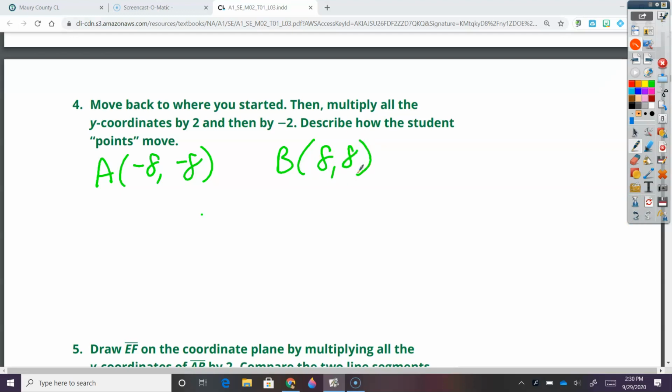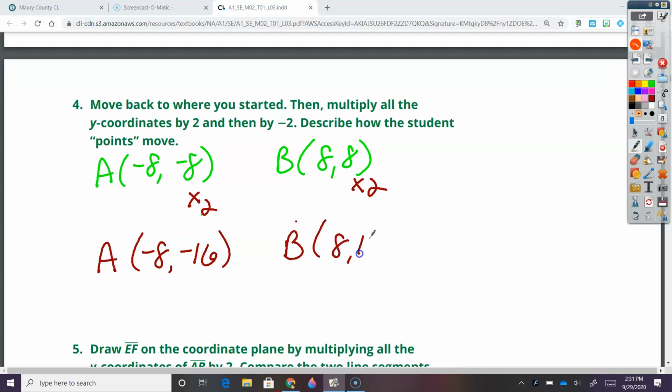So it says multiply all the y-coordinates by 2 and then by -2. So A becomes (-8, -16), and B becomes (8, 16).